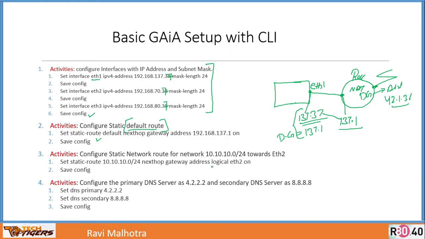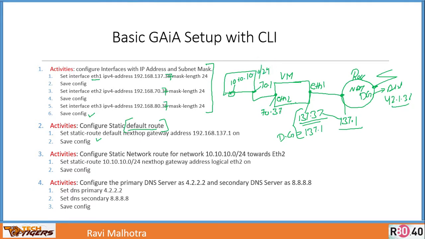Next thing I'm going to do is a static route now. So this is the default route. Now this is my ETH2. This is my VMware. This is my core switch. This is connected to ETH2. My ETH2 IP address is 70.37. This VLAN IP address is 70.1. There is another VLAN with 10.10.10.0/24.